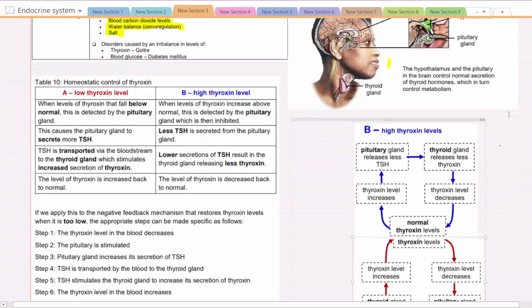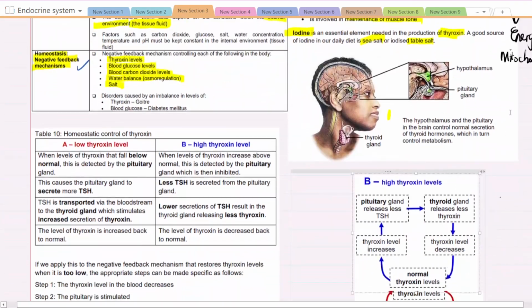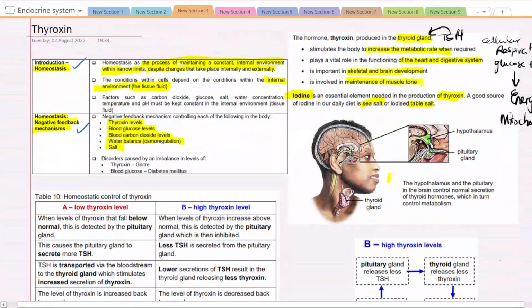So now let's have a look at where the thyroid gland is. Here's the thyroid gland here, guys. So this thyroid gland is the one that is secreting your thyroxin hormone. Here it is, and this is of course stimulated by the TSH hormone.